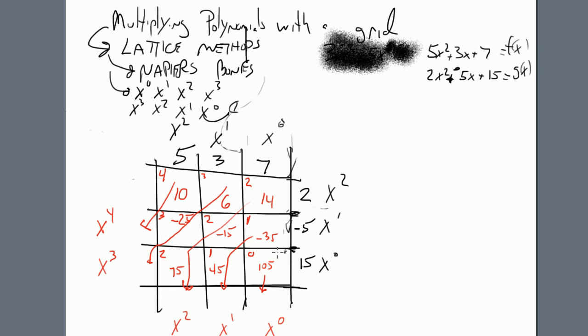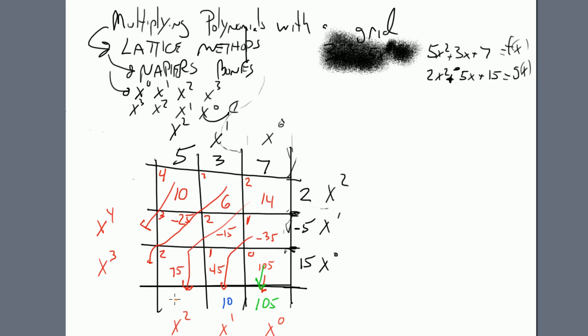And we can go ahead and add up each of our kind of patterns here. I'm not going to be able to do the color thing too much, but I'm going to add up this pattern going down. So that's 105. We can add up 45 and minus 35, and minus 35 and 45 is a positive 10. 14 minus 15 is minus 1.